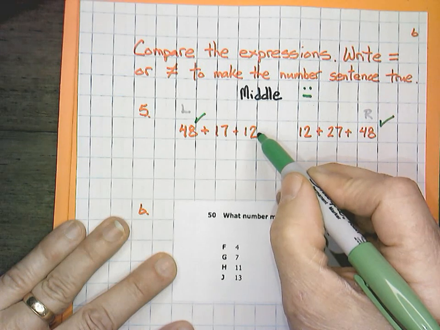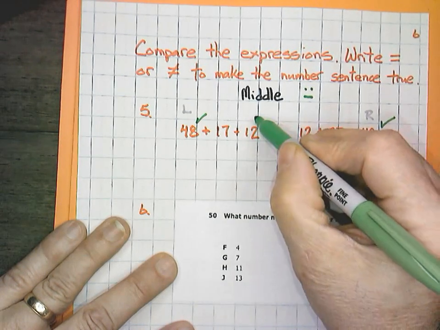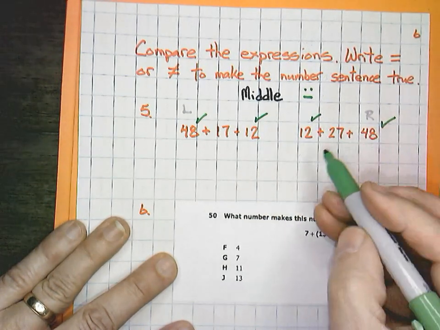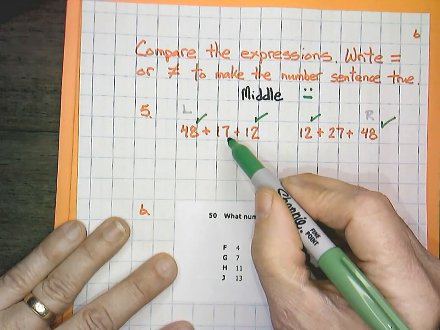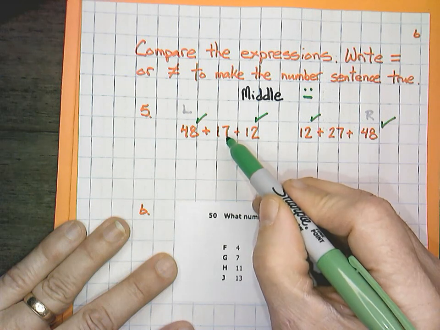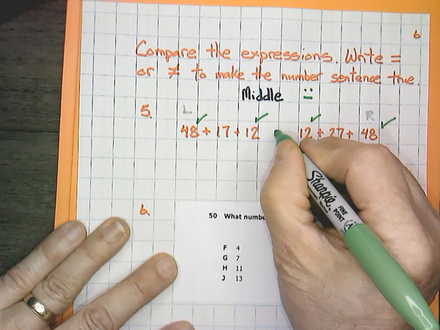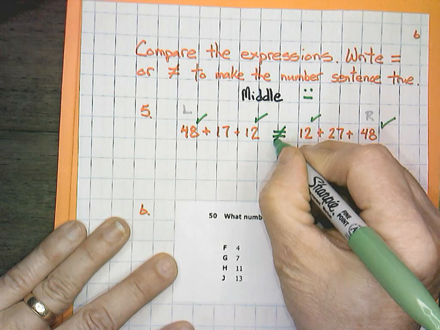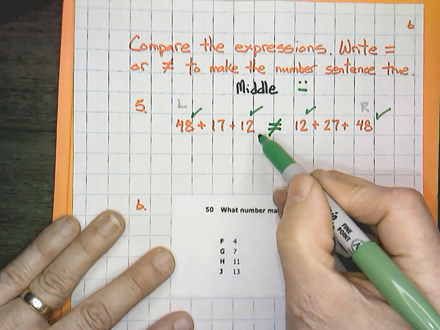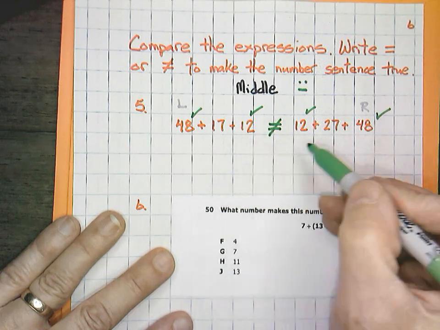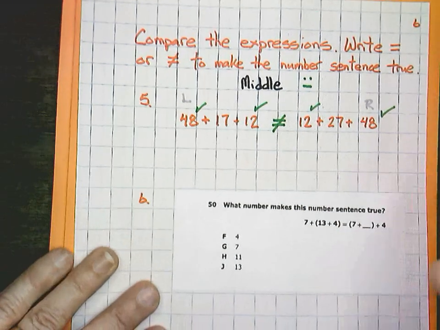I see 12 on both the left and the right, but the 17, which is our third addend here, is not equal. So these would not be equal. You could also add all three and write your sum. But again, in this case, you could use that strategy.